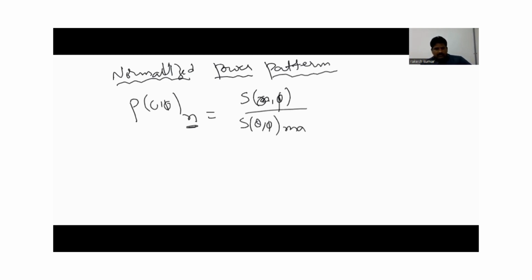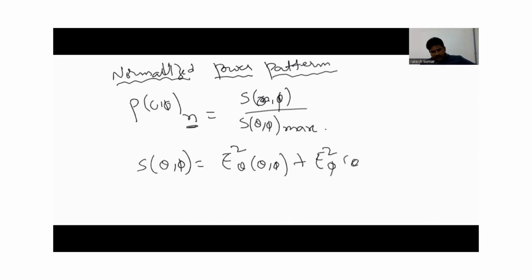What is this S of theta comma phi? It is expressed in terms of the Poynting vector. The relationship between the electric field components and the power pattern is a square relation. We can express it as E theta squared of theta comma phi plus E phi squared of theta comma phi, divided by Z naught.